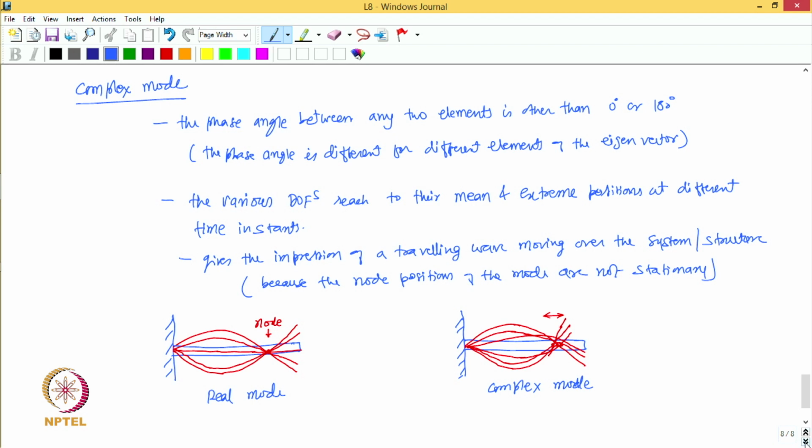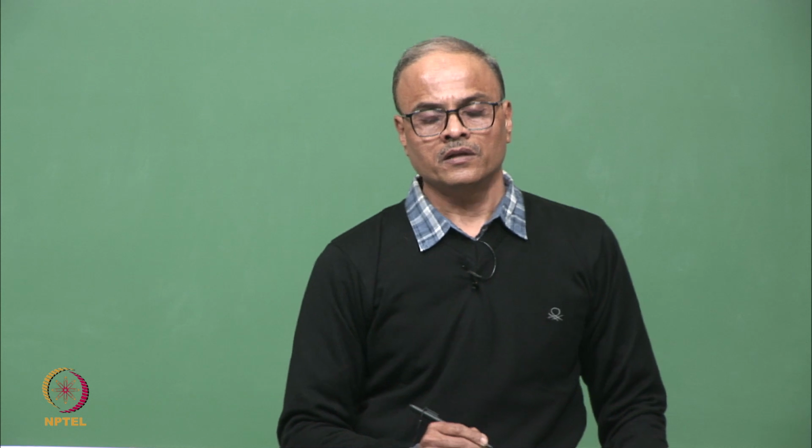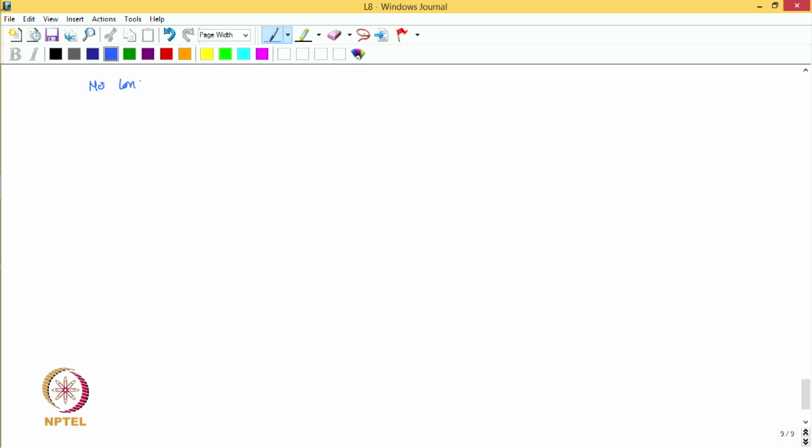So, therefore, the modes are complex, and another implication is that now no longer does the eigenvector matrix psi diagonalize the stiffness matrix, right.